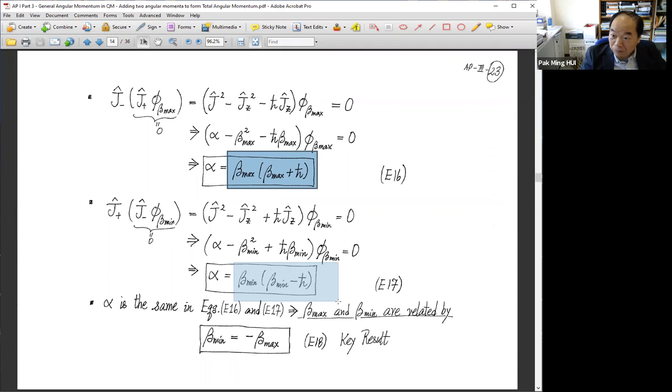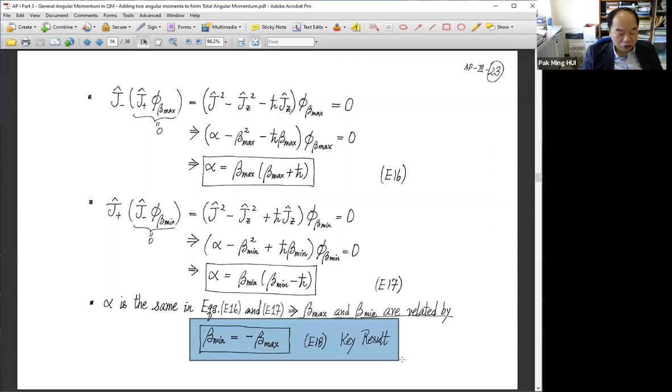That is a crucial moment of the proof. And therefore, we get this relationship between the lower cutoff, the most negative Z component, and the most positive Z component, because the component cannot be longer than the length of the vector, and the commutation relations have enforced a relationship.